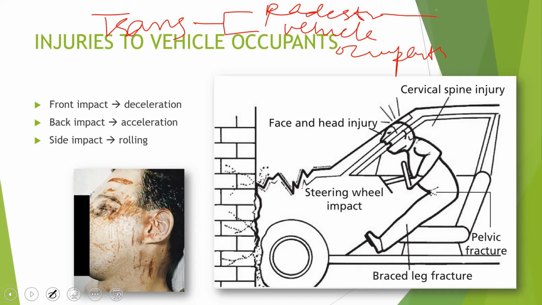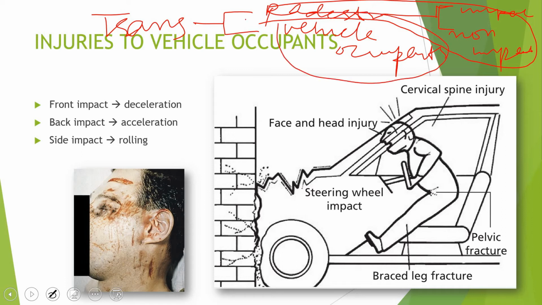And the injuries to pedestrians we broadly classified again as impact injuries and non-impact injuries. The impact injuries included primary impact injuries and secondary impact injuries, and non-impact injuries included secondary injuries.